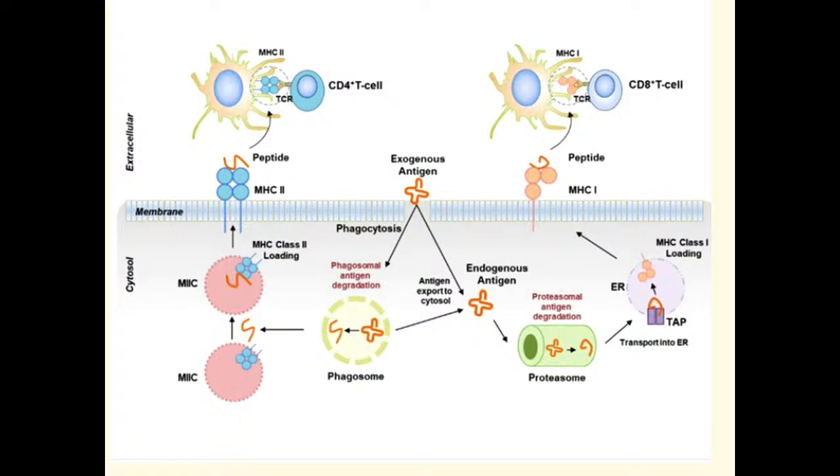And intracellular or cytosolic antigens will be degraded by the proteasomal pathway, and after production of antigen peptides they will be transported by TAP proteins to the surface, and this leads to recognition of MHC type 1 which has antigen on its surface.